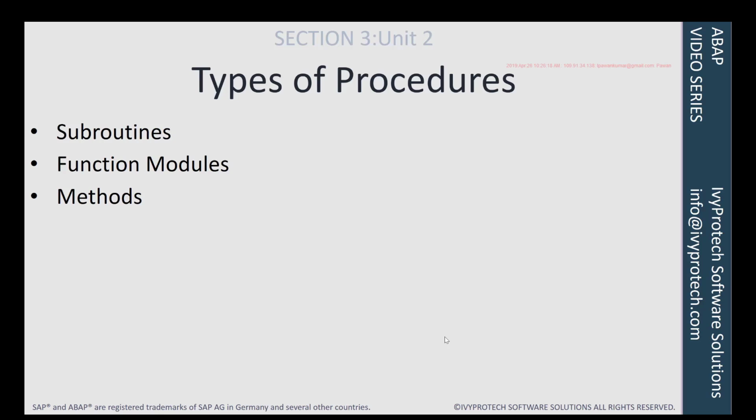And methods, they're actually part of classes, object-oriented programming. So if you want to use object-oriented programming to develop your applications, then you can use these methods. So we'll start with discussing subroutines. We'll try to understand how you define a subroutine, how they are called, and how you can pass parameters to your subroutines.